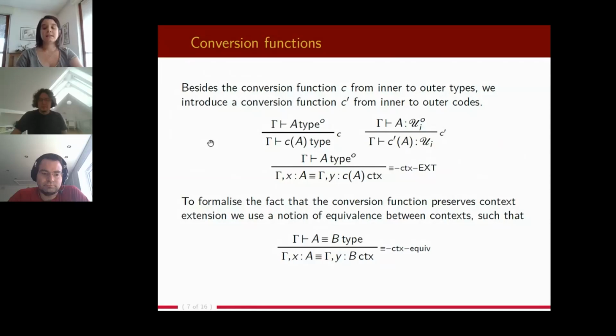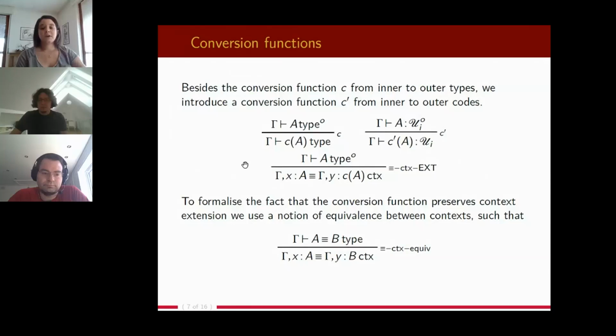And as I said, if A is an inner type, then the context gamma, x of type A, is equal to the context gamma, y of type C of A, obtained using the conversion function.